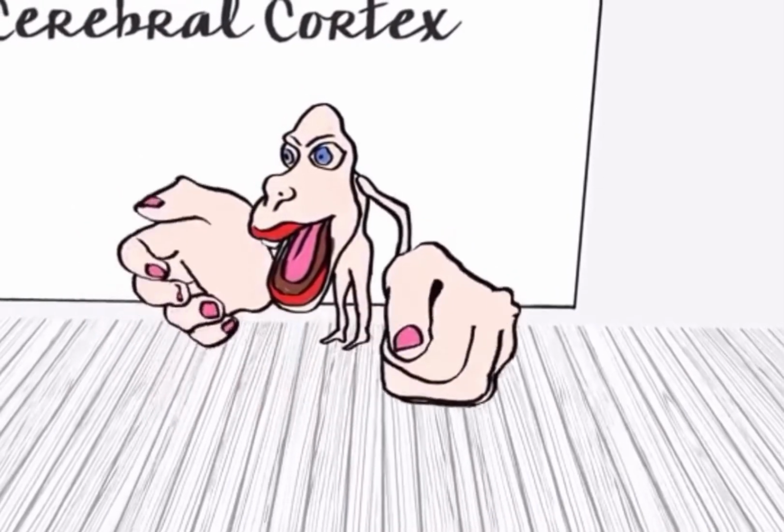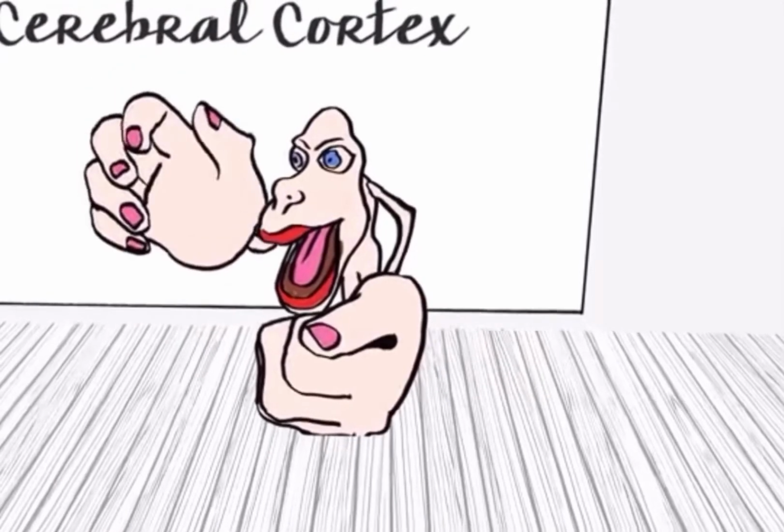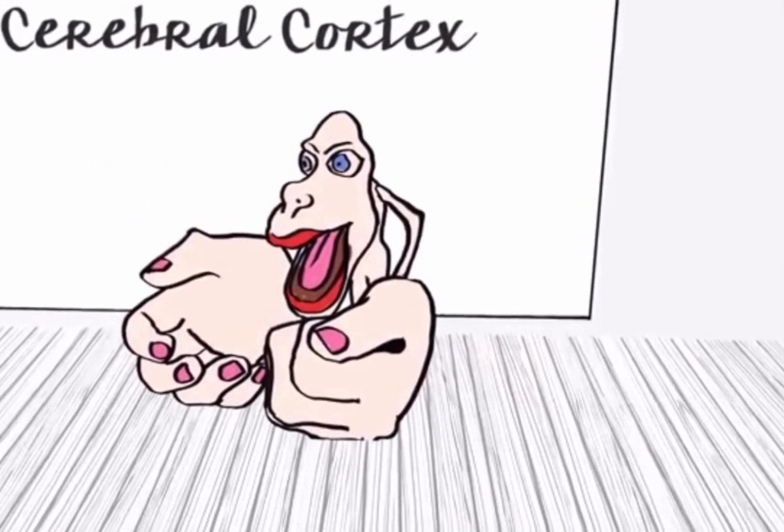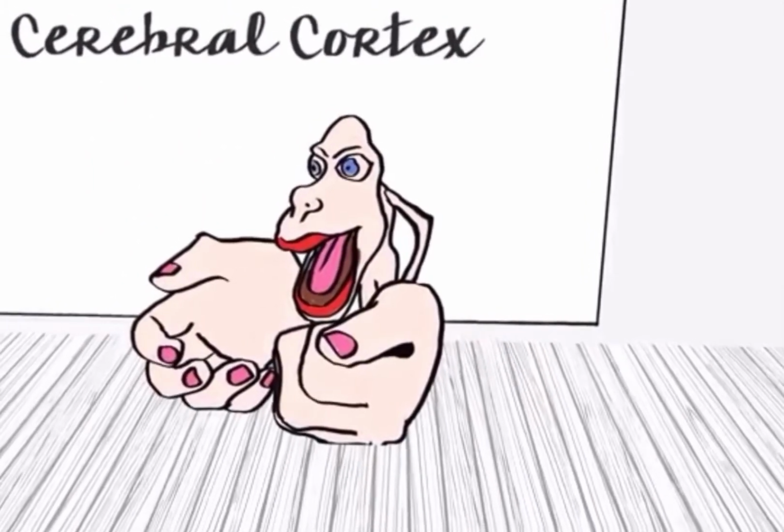In fact, the occipital lobe has a map of vision and the temporal lobe has a map of sound. That's really cool.